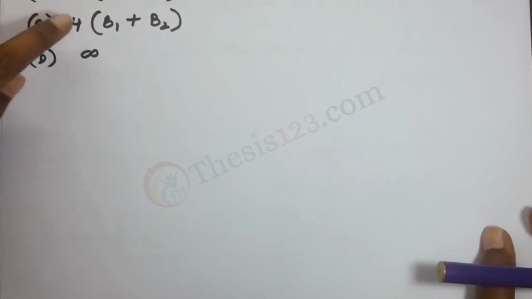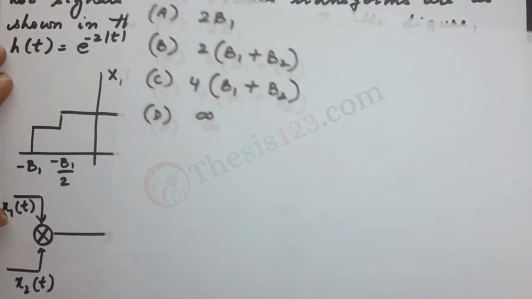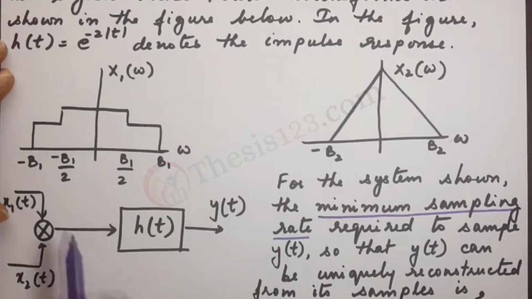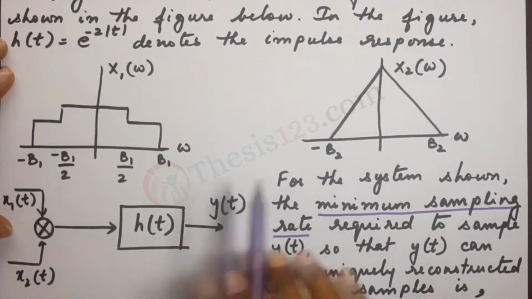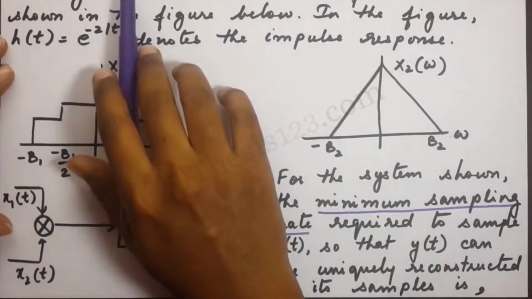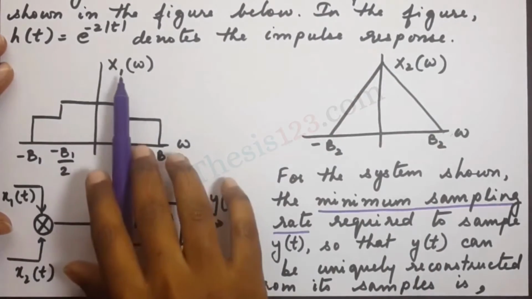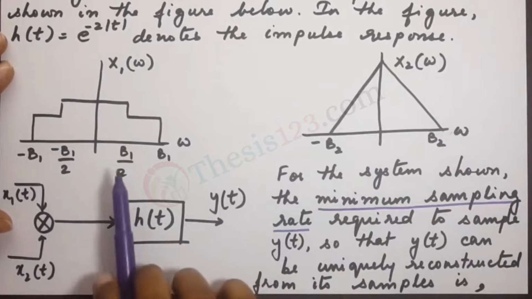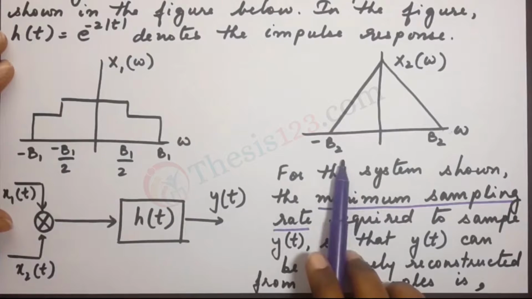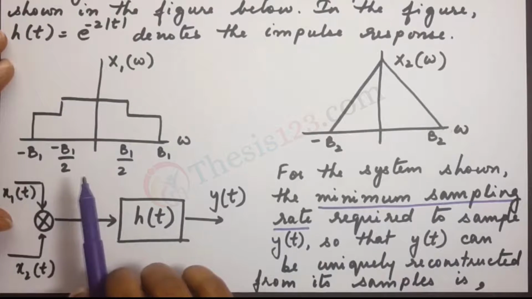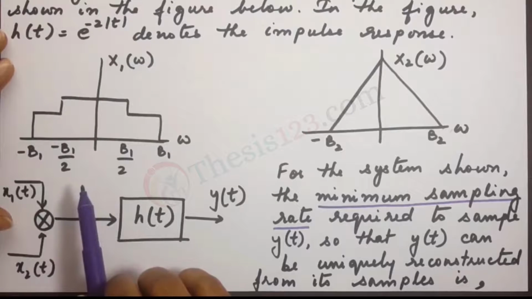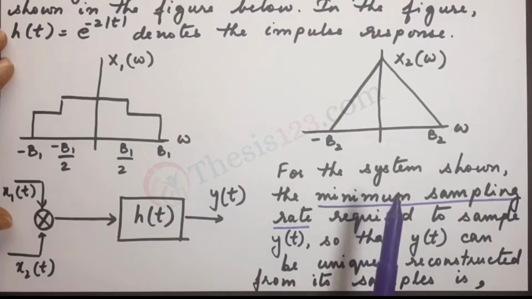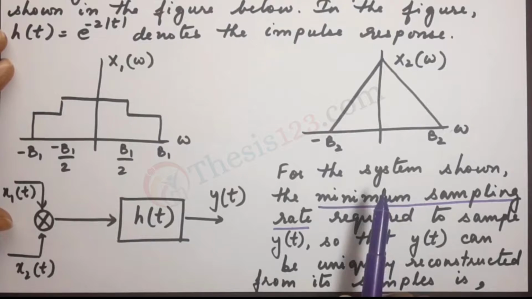Now B1 and B2, you will notice, are here in the figure, corresponding to the input signals x1 of omega and x2 of omega. B1 and B2 are the bandwidths. B1 is the bandwidth of x1 of omega and B2 is the bandwidth of x2 of omega.